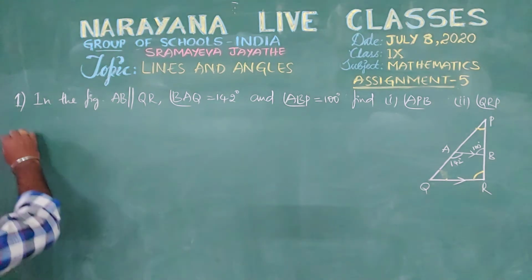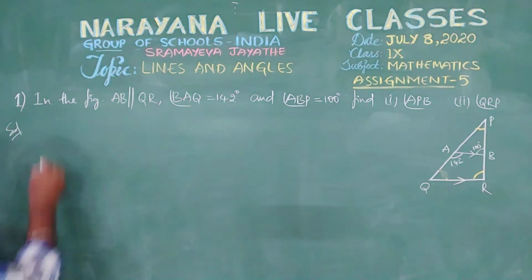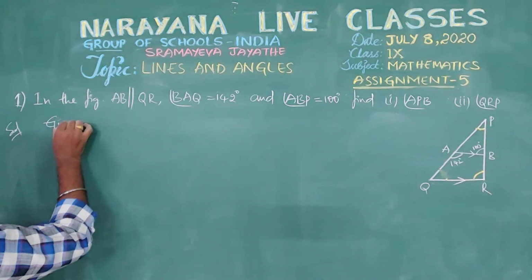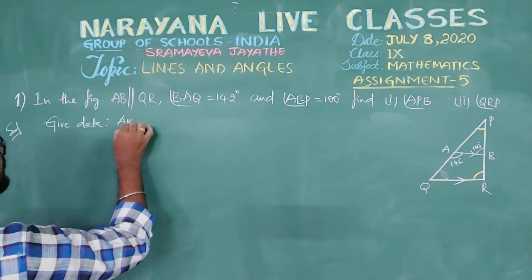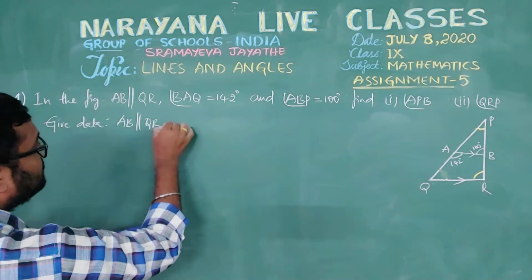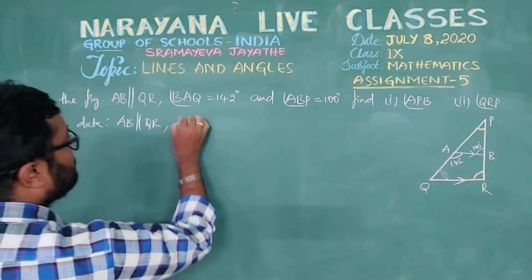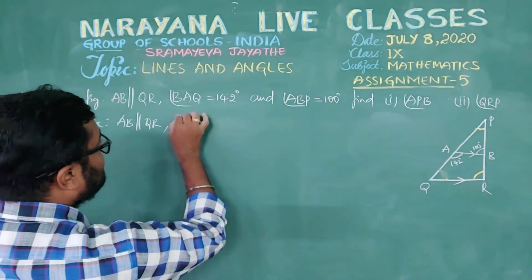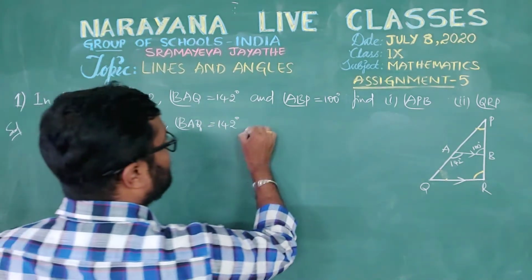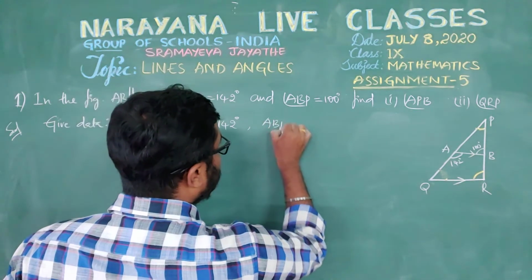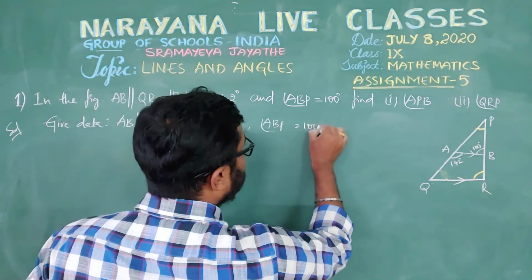First we will write the given data. AB is parallel to QR. Angle BAQ is 142 degrees. Angle ABP is 100 degrees.